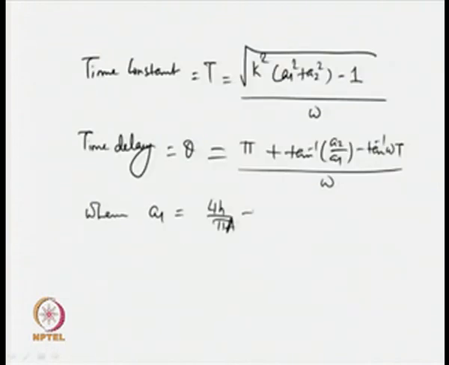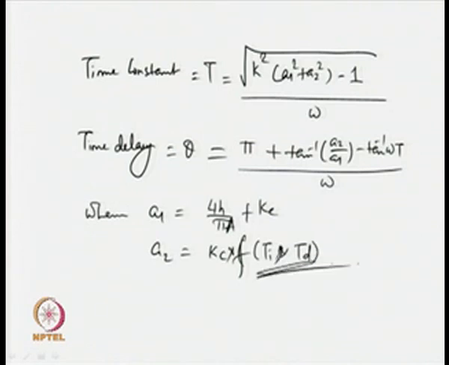A2 will have an expression given as K c times a function of T I and T d. So, this is how you get A1, A2 and so on.